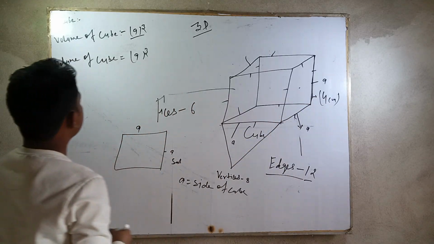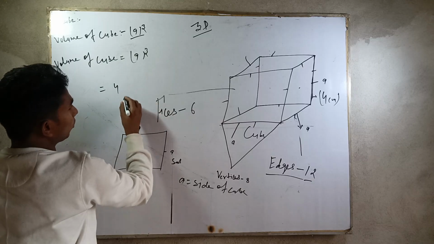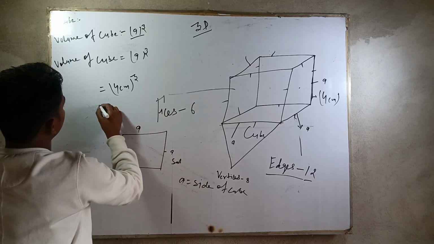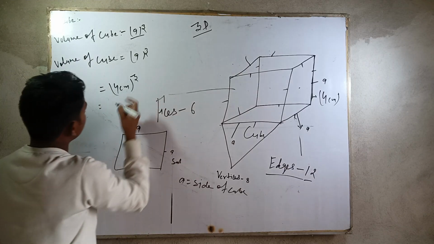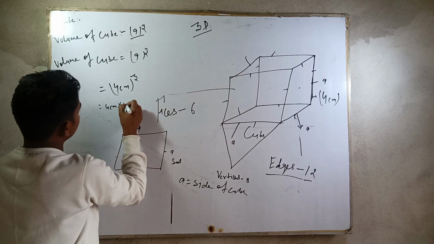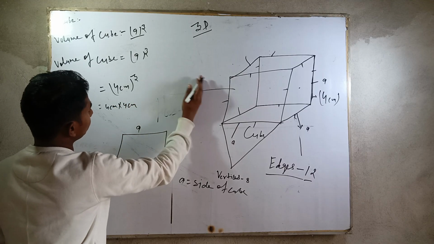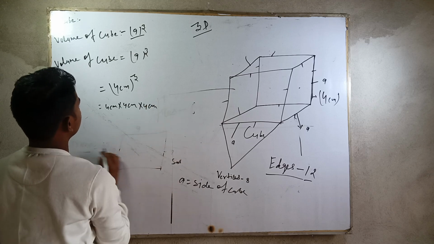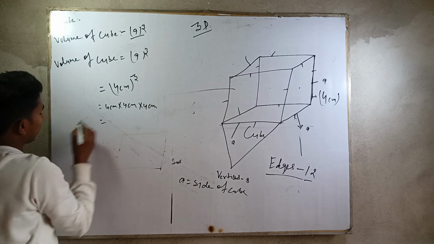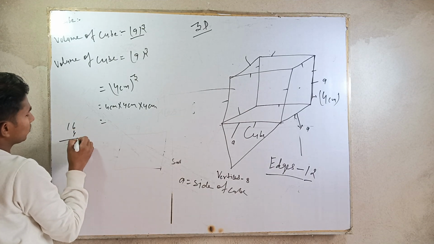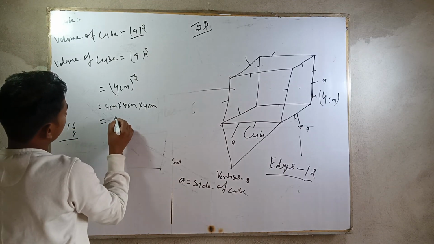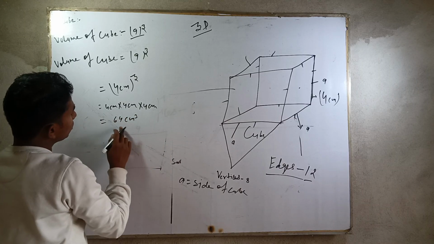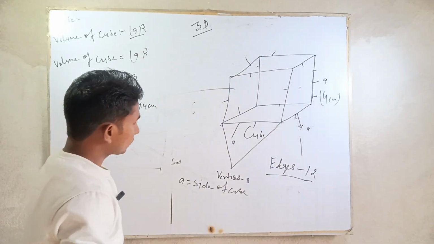If one side is given as 4 centimeter, then the value is 4 centimeter cross 4 centimeter cross 4 centimeter. If I multiply, it will be 16, then 64 centimeter cube. Volume of cube equals 64 centimeter cube.